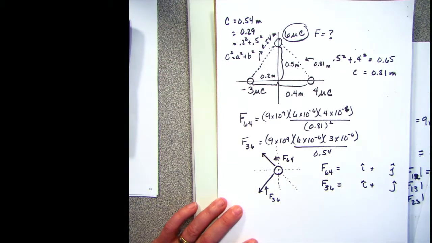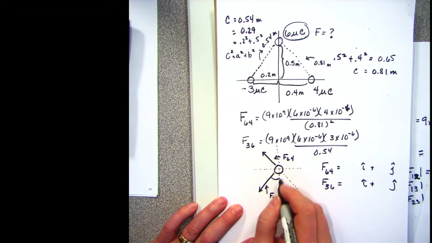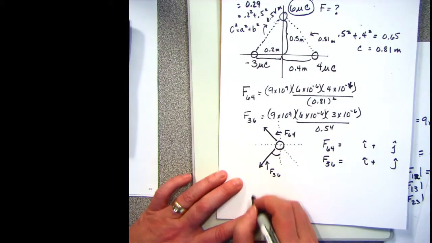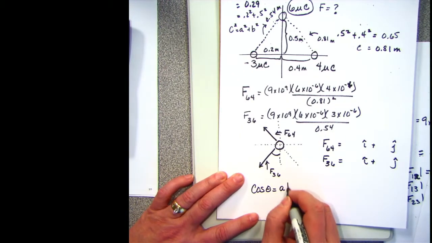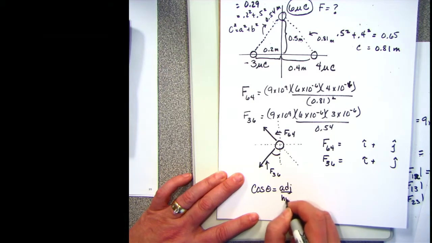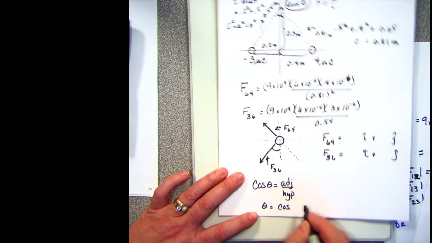So we can do a couple of different things. I can look at this angle here. If I do cosine, the cosine of the angle is equal to the adjacent over the hypotenuse. So my angle is going to be the arc cosine.